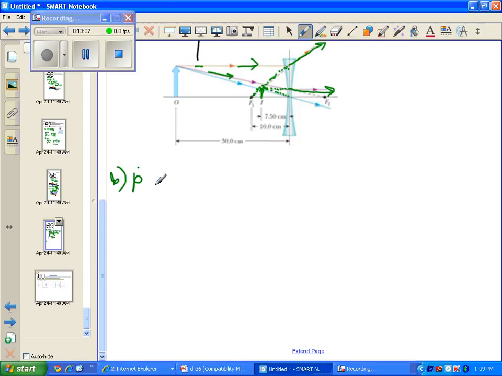Second case, P is equal to 10 centimeters. 1 over Q equals minus 1 over 10 minus 1 over 10. Notice that this time they both have the same sign, so they're not going to add up to 0.